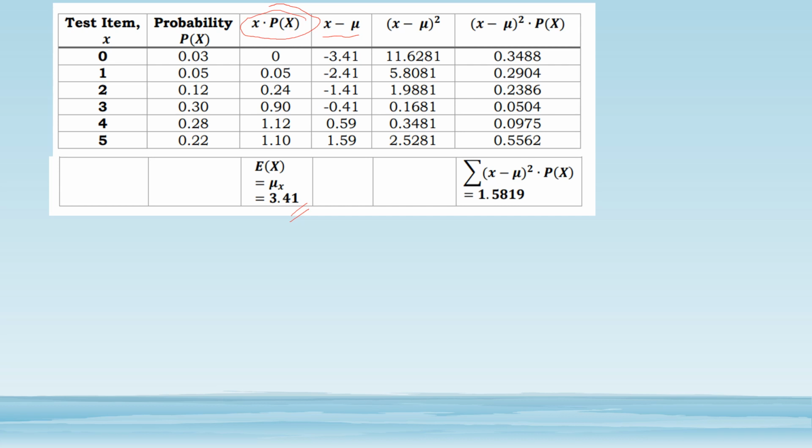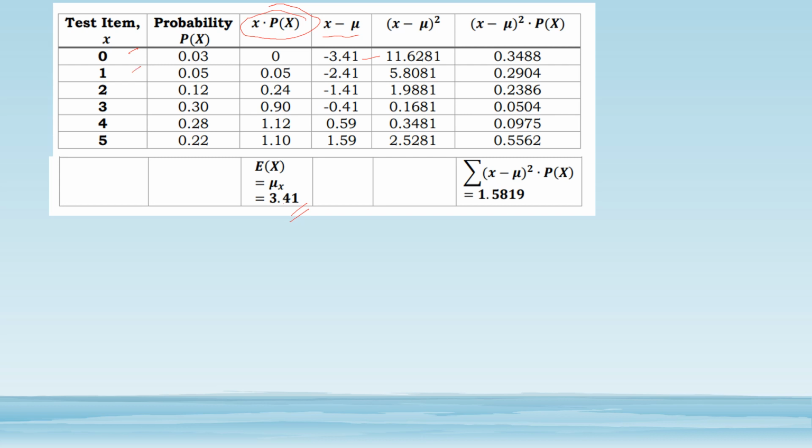Take note of the formula of the variance that is equal to the summation of x minus mean squared times probability of x. So after getting the mean, next step is to get the difference of the outcome or the x and the mean. To start with, we will have 0 minus the mean 3.41 is negative 3.41.